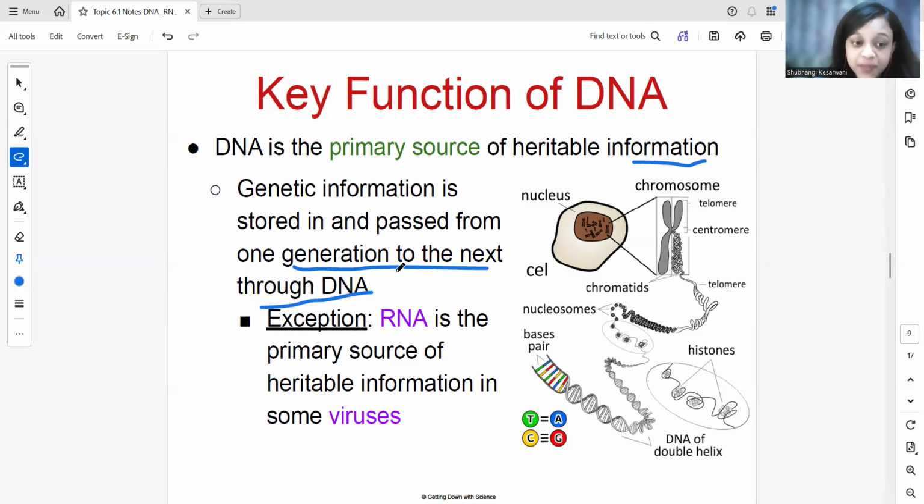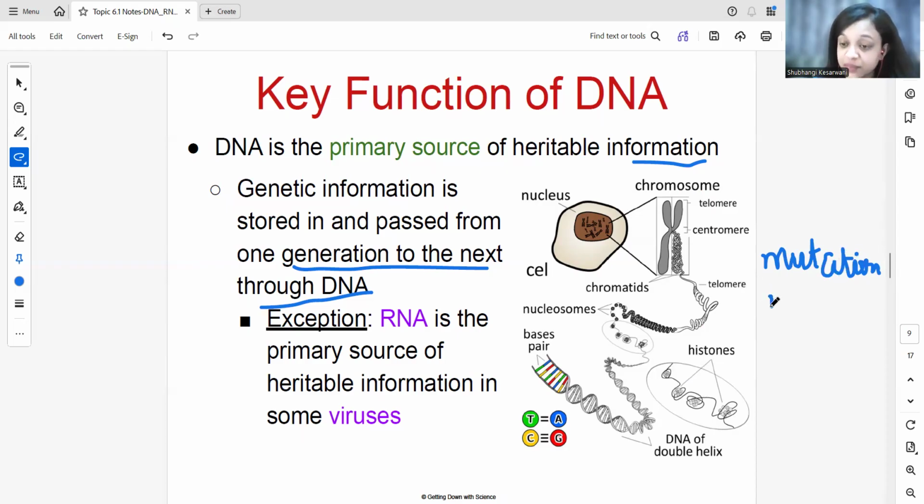So if DNA didn't copy correctly, what might happen? What are the possible things? We can get mutation, right? Mutation. What else can we get?